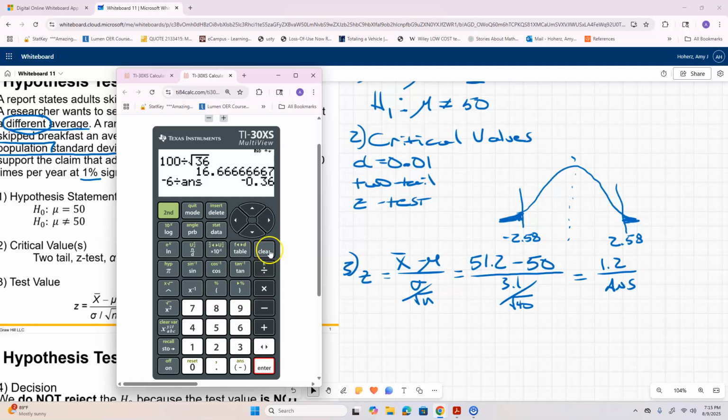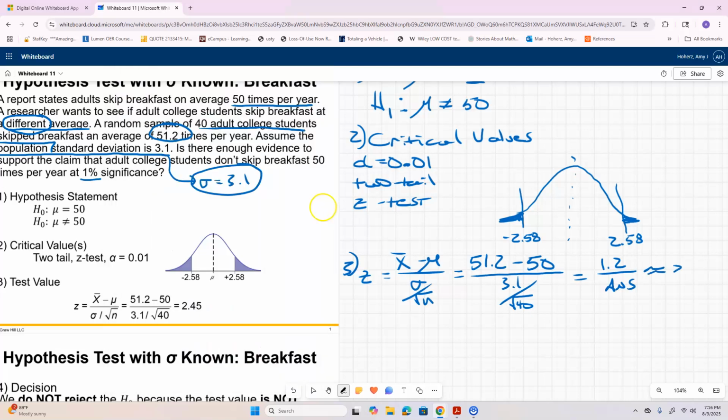So I've got 3.1 divided by square root of 40, and then I'm going to take 1.2 divided by the answer. You can do it all the way through. If you have a different way you like to get that into your calculator, as long as you're getting the answers right, do it the way that you're comfortable with. So 2.45 is what we get.